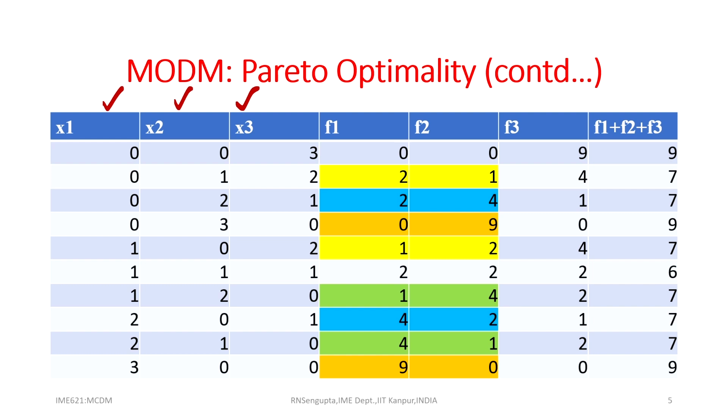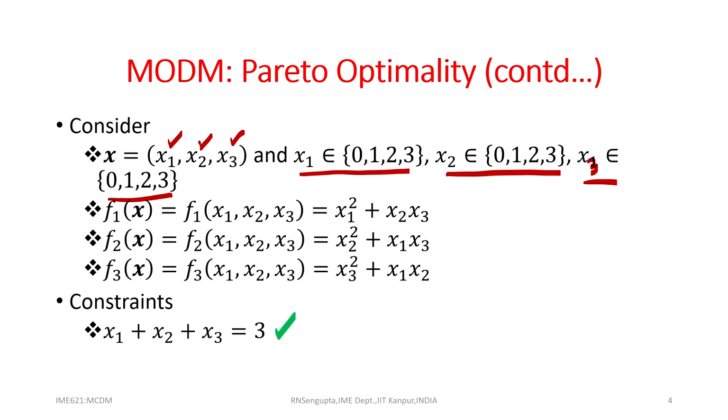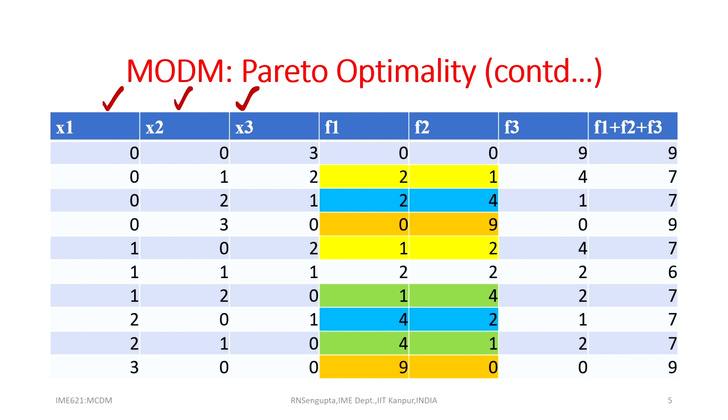Now, based on that feasible set, we find f1, f2, f3 as given in the last slide, marked in the third, fourth and fifth columns, and in the sixth column, the last one, I have added up the sum of f1, f2, f3.